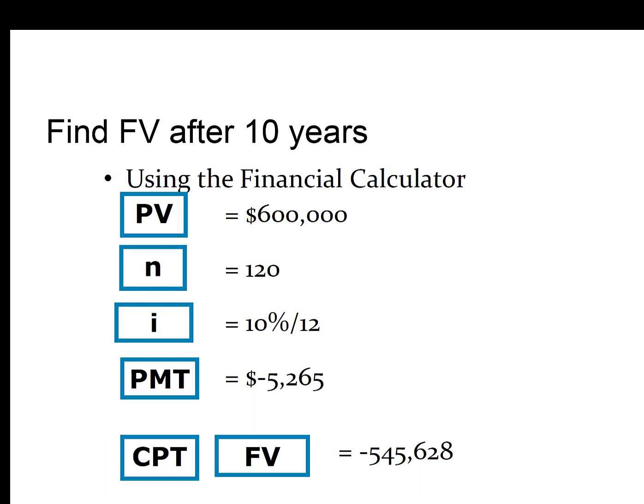Note that present value is a cash inflow. We denote it as a positive number, so the monthly payment is a negative number as a cash outflow. We can calculate the outstanding balance, future value, at the end of year 10 is $545,628. It is a negative number because it's a cash outflow you have to pay to the bank.